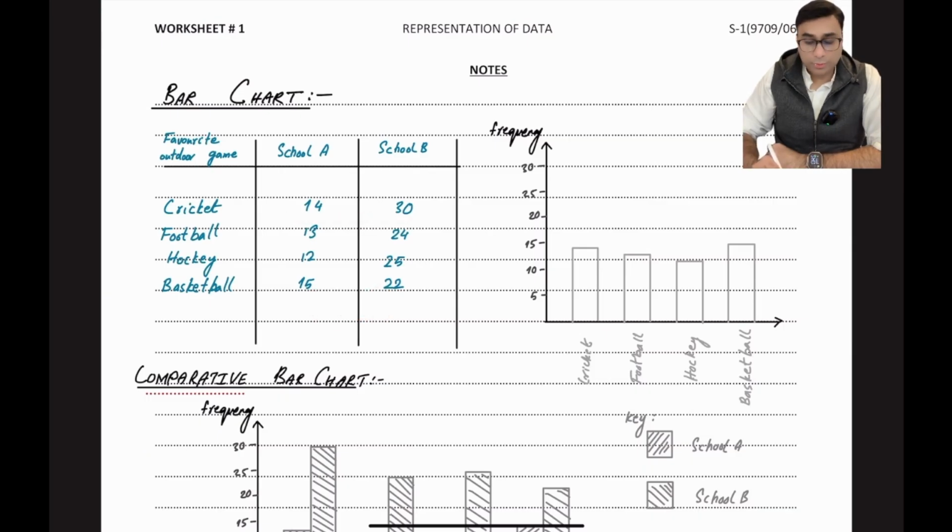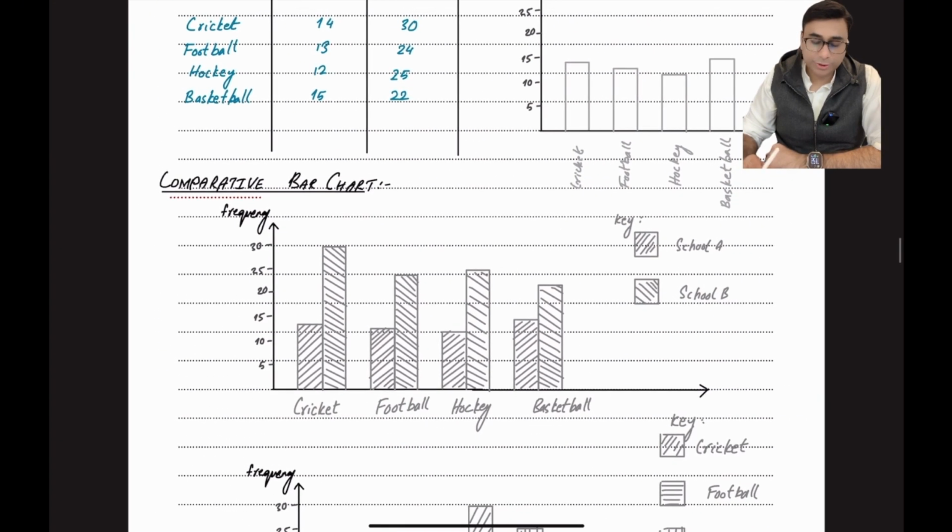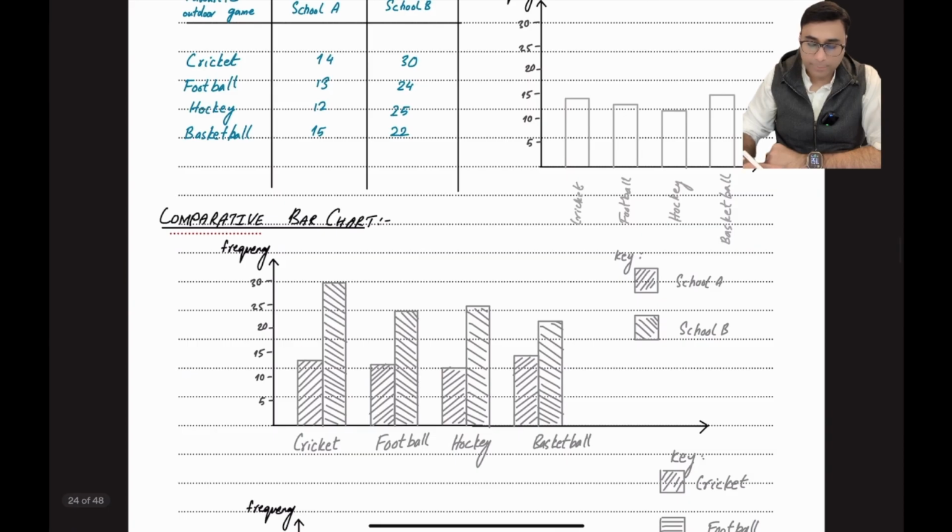You probably would want to compare the participation of two schools in cricket, and then the participation of two schools in football, and then hockey, and then basketball. So what you're going to do is keep on making one bar for school A, and right adjacent to that another bar for school B, and keep doing that for these bars.